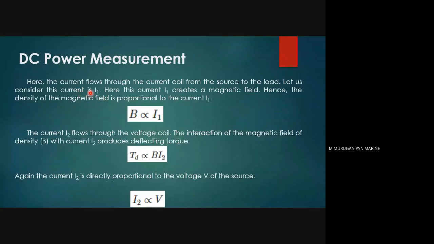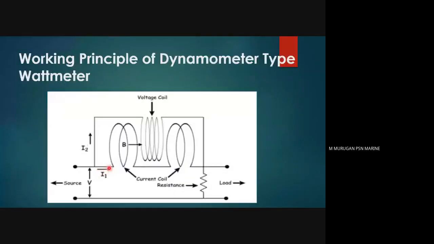The current is I1 actually. This current I1 creates the magnetic field, hence the density of the magnetic field is proportional to the current I1. So by means of this current I1 only, the flux density is produced.